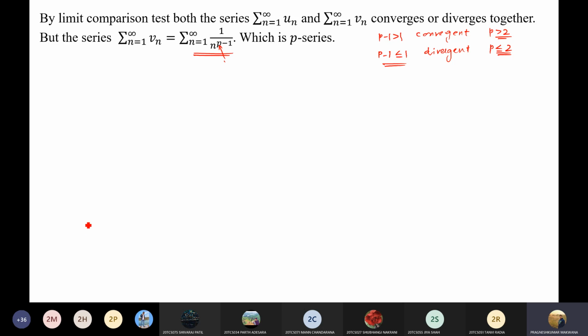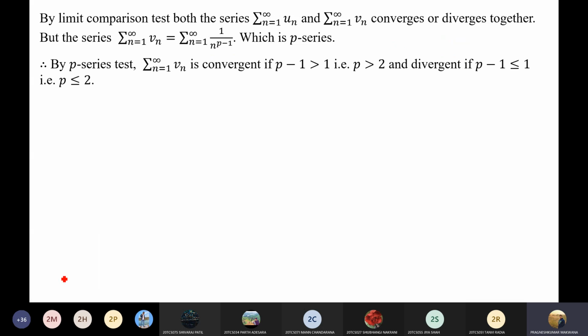So how can you write down these things? So let us see here. By P series test, this Vn is convergent if P minus 1 is greater than 1, that is P greater than 2. And divergent if P minus 1 is less than or equal to 1, so that is P less than or equal to 2.